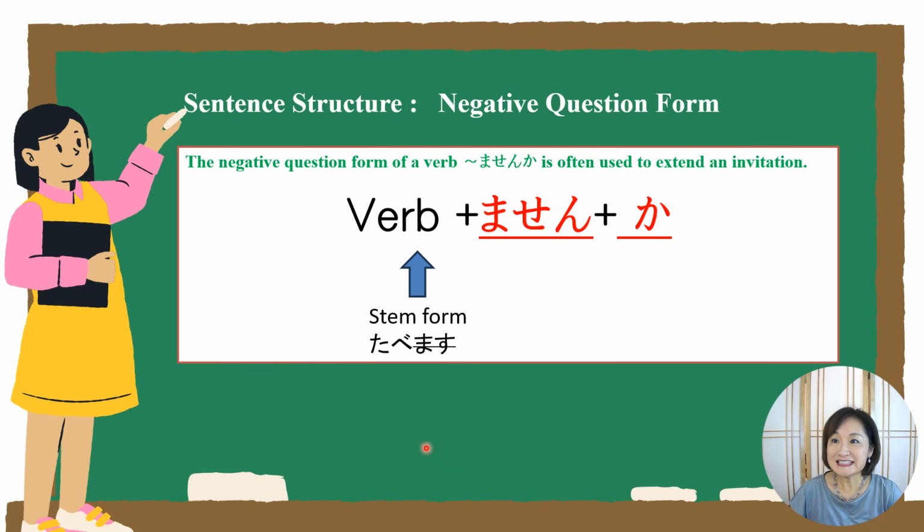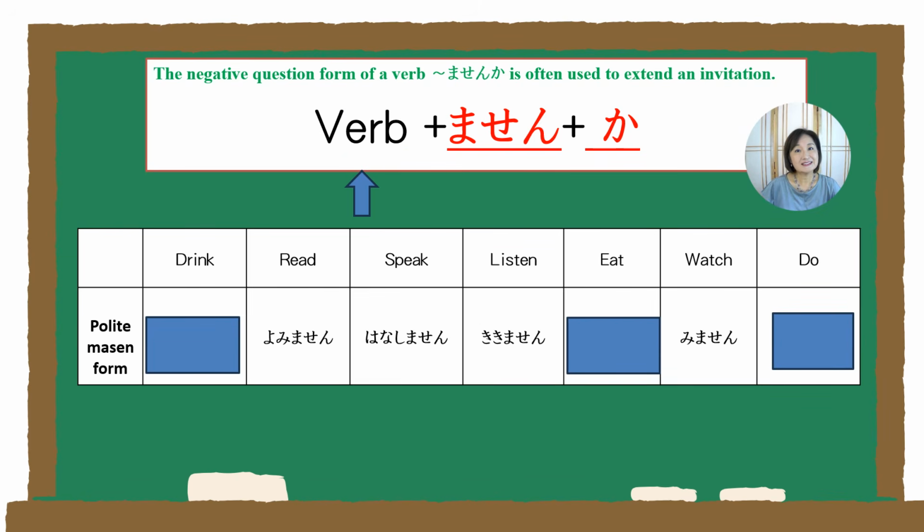To form this structure, take the stem of the verb, the part of the verb without masu, and add masen to make it negative, and then add ka at the end to turn it into a question. And by using the rising intonation at the end, you're turning the question into an invitation to do the activity together. Let's try making the masenka form with some familiar verbs.